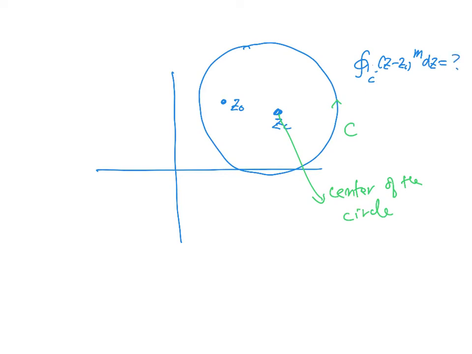When Z naught is not at the center, what would be the result? So far we consider the case where Z naught is at the center of the circle, right? But now let's consider a different case. So I'm going to make a little modification of the curve like that.